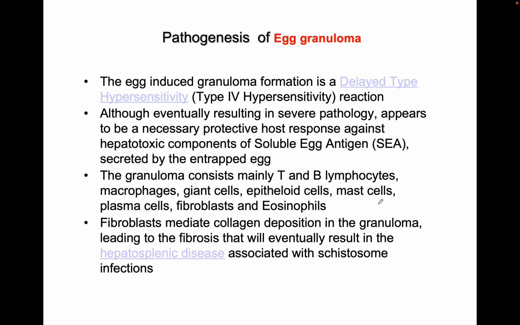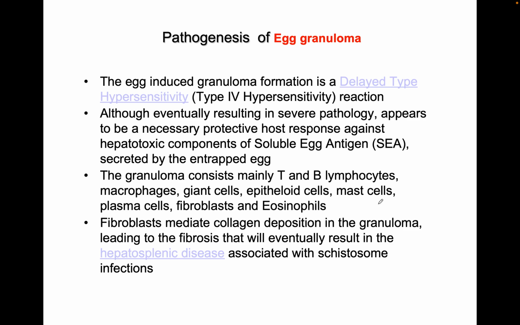And the granuloma actually has the eggs in the center area, and then outside are several layers of T cells and B cells, and also macrophages, giant cells, epithelioid cells, mast cells, etc. All these cells can prevent the SEA from getting in touch with the healthy tissue.